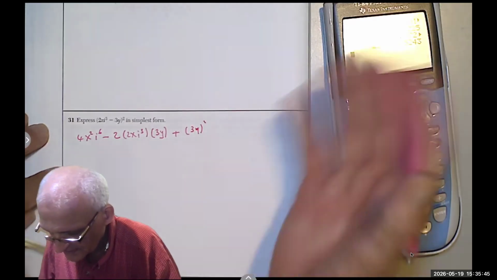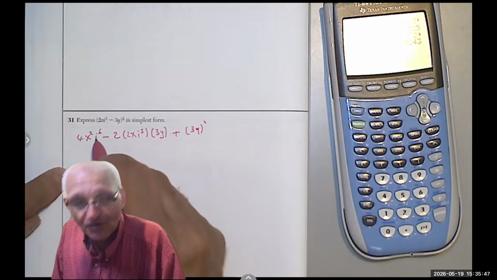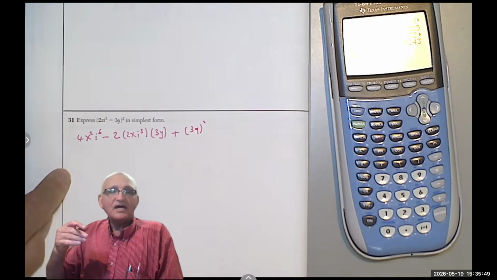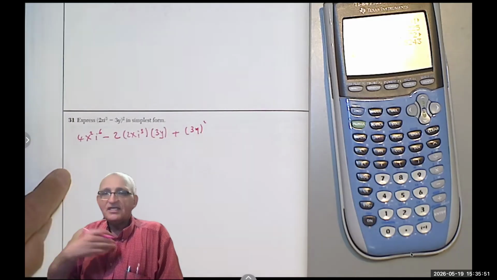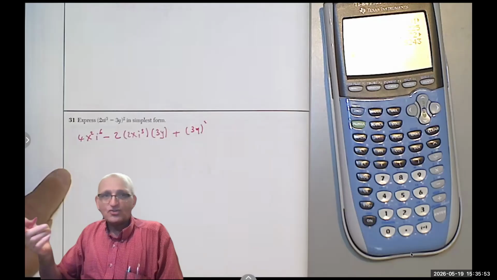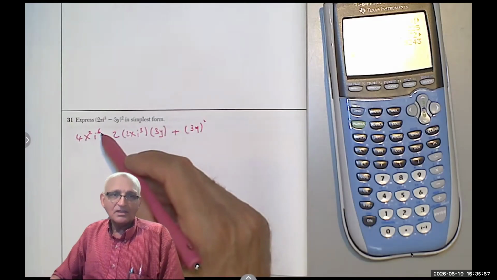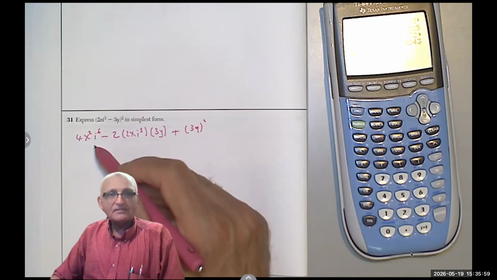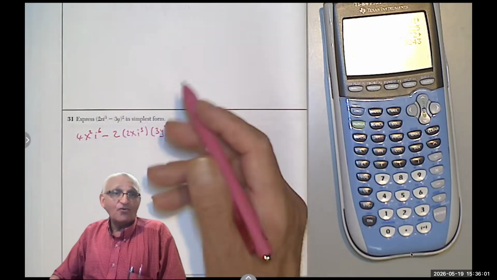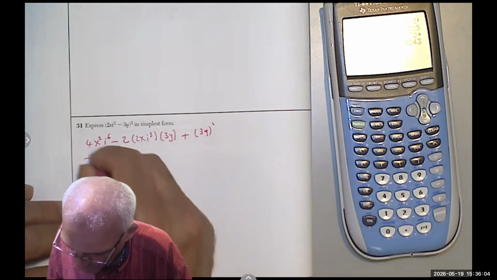I should have done the same thing anyway. I to the 6, you see that every i to the 4, you can divide, so you find the remainder of dividing 6 by 4. The remainder is 2, so that becomes i squared or negative 1. So this is negative 4x squared.